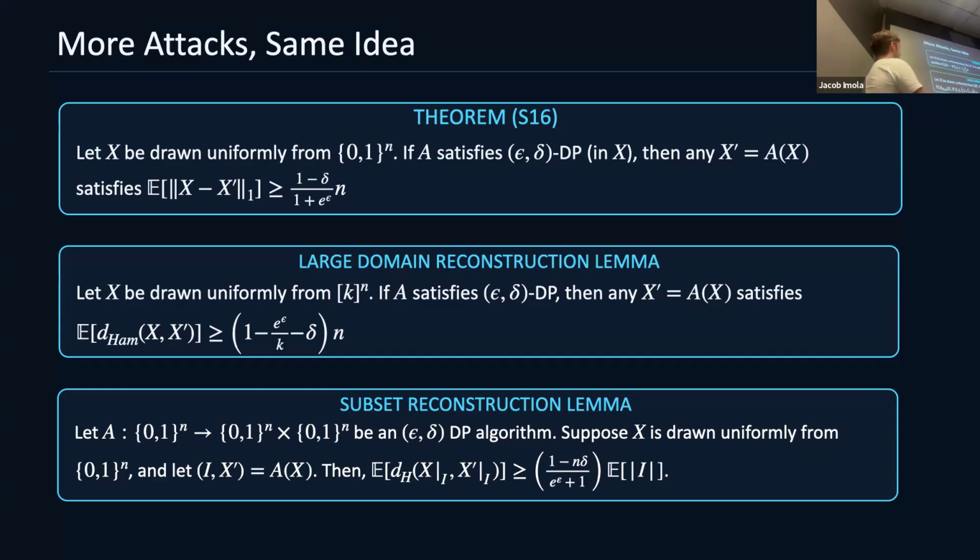Then your error is like all but a constant number. So somehow you're reconstructing a constant fraction rather than none of it or all of it. Yeah, it's the constant fraction regime that is the best for us to use.